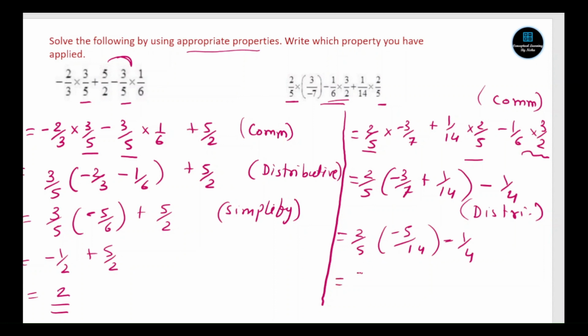And I'll get negative 1/7 minus 1/4. And you have to simplify by taking the LCM. So what do we get? You have to add 7 and 4, negative 11 over 28. So this is my answer, right? Perfect.